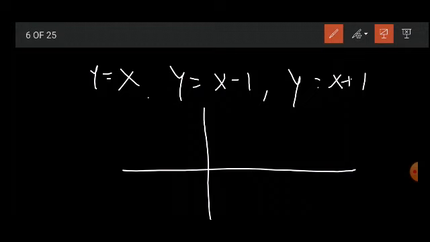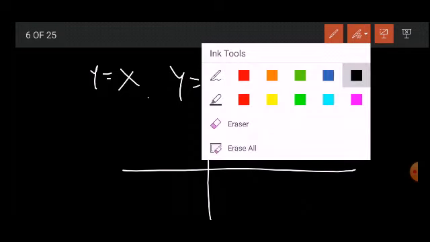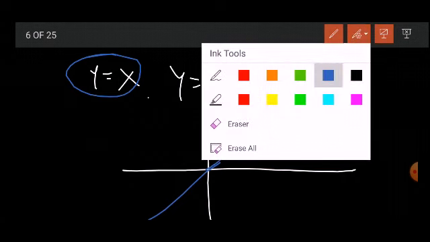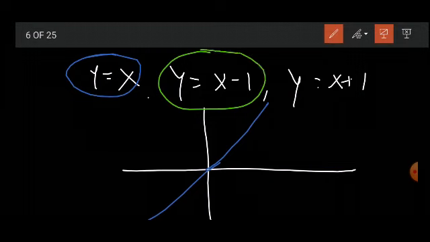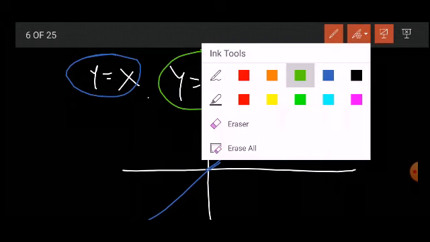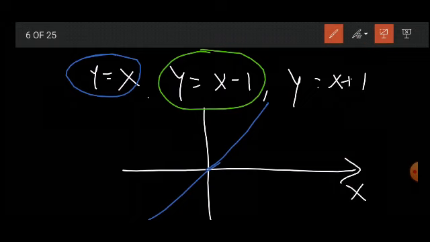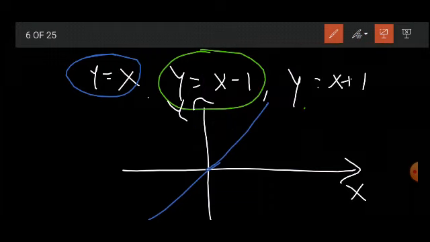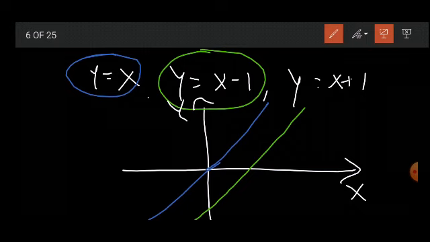So let's say this is the graph y equal to x line. Now this is the graph of the y equal to x minus 1 line. This is the x-axis and this is the y-axis. Let me mark the point here. So y equal to x minus 1 is this graph. One unit comes ahead here.